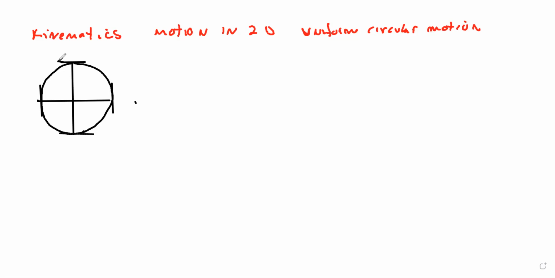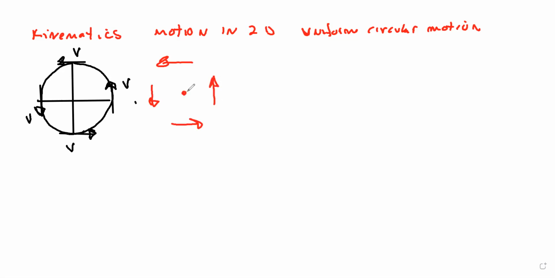So what do we have here? We have a vector that goes this way, and that's a velocity vector. And we have a vector that goes this way, and that's a velocity vector. And another, and another.